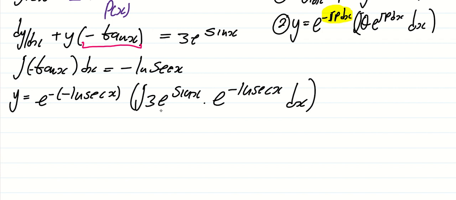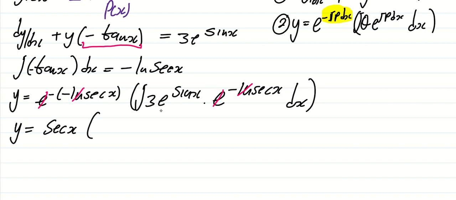Remember, e and ln are going to cancel. Then you'll be left with y equals sec x.